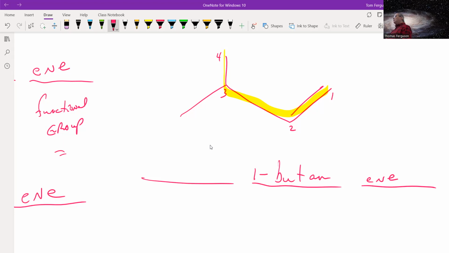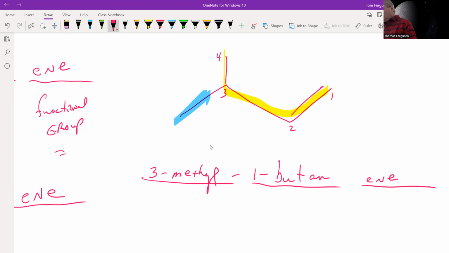Do we have branching? We have branching right there. So that's on carbon number 3. So it's 3-methyl-1-butene.